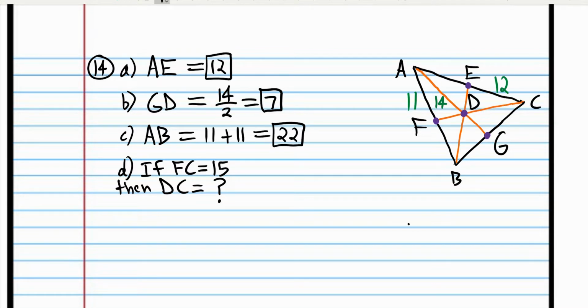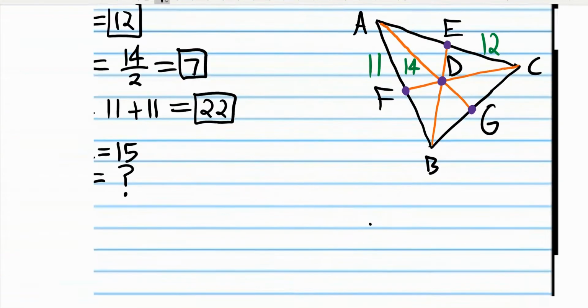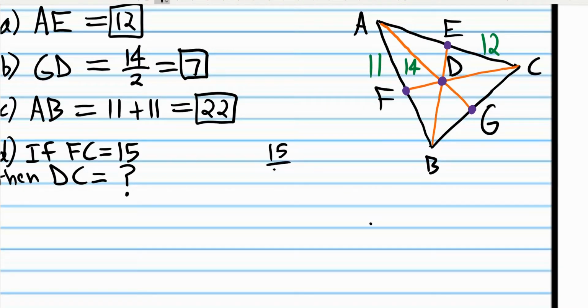Part D, if FC is 15, so this whole length here, if that's 15, then what is DC, this length? So what we need to do is we need to break these into thirds. So this is 1/3 of the length, and we have 1/3 of the length here, and we have 1/3 of the length here. So the total length is 15. So if we divide it by 3, 15 divided by 3 equals 5 is 1/3 the length of the median.